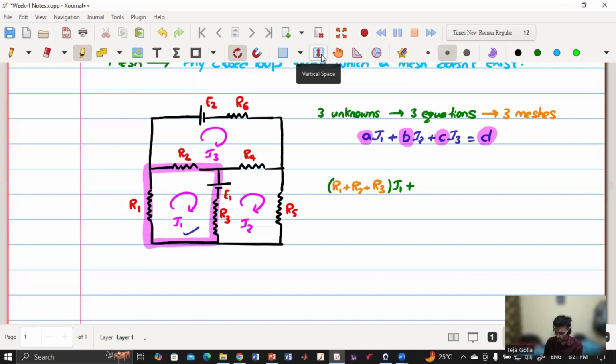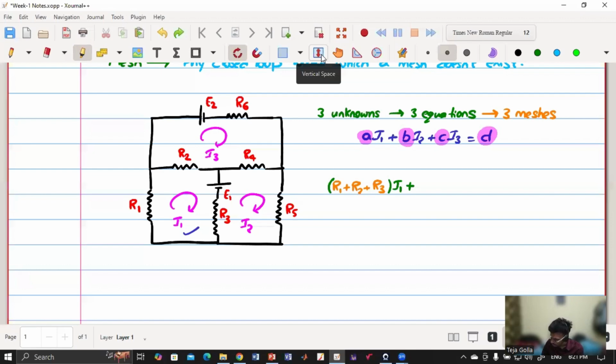So in this circuit, we have three resistors. So R1 plus R2 plus R3 is the coefficient. Now, what will be the coefficient of I2 and I3? How can we get them? I2 is the current in mesh M2. The coefficient will be the negative of the resistance that is common between mesh M1 and M2.